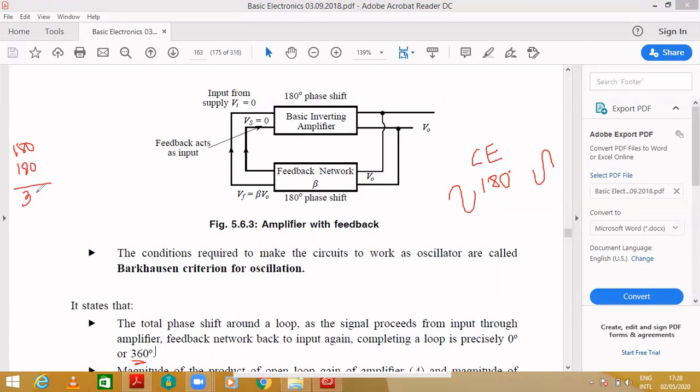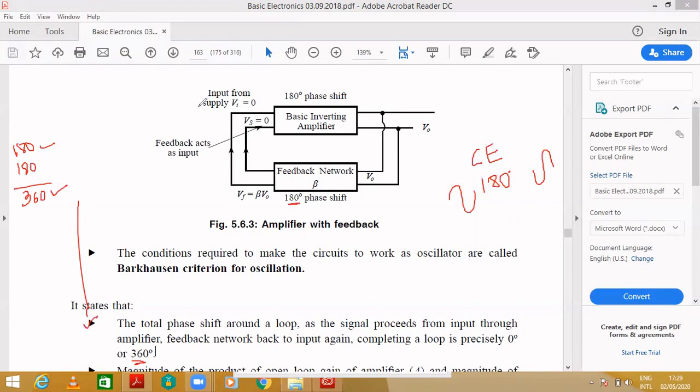The first 180-degree phase shift is already given by the amplifier itself. So you still need 180 degree. That will be given from your feedback network beta. So 180 degree is provided from that. How? By choosing appropriate resistor and capacitor values. Then 180 degree plus 180 degree becomes 360 degree, so it is satisfying the first statement.